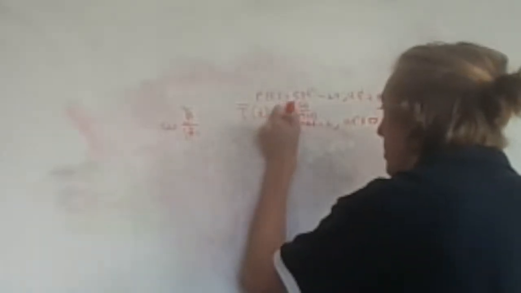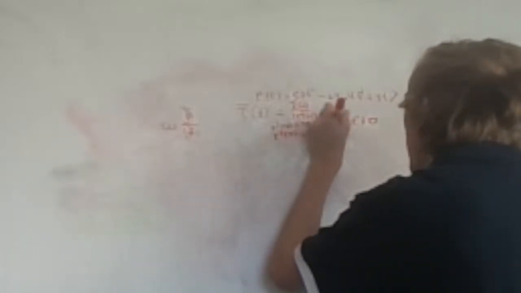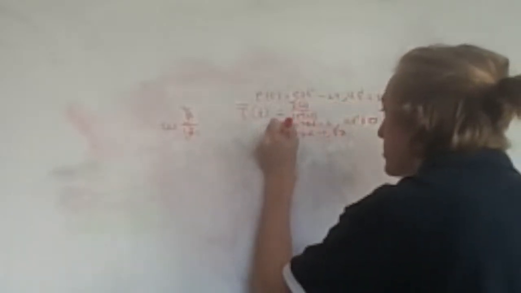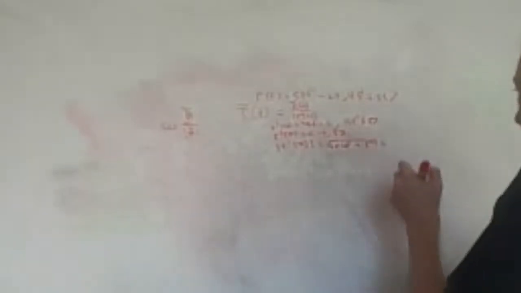So then r prime of 0 is going to be equal to negative 2, 5. The magnitude of r prime of 0 is going to be the square root of negative 2 squared plus 5 squared, which is 4 plus 25, which is square root 29.